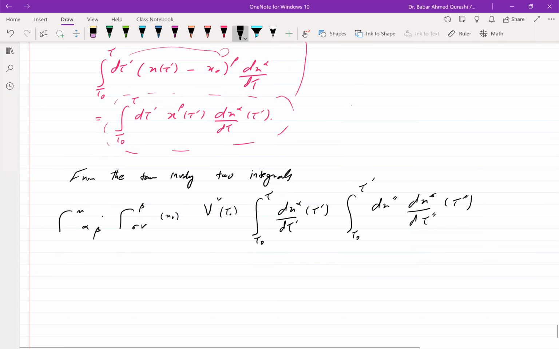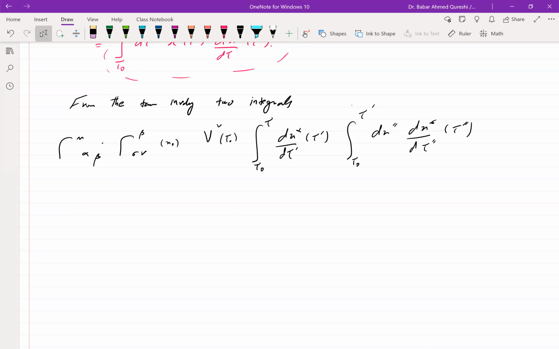Now this integral, I can do this integral. When I do this integral, what do I get? So let's look at this full integral.